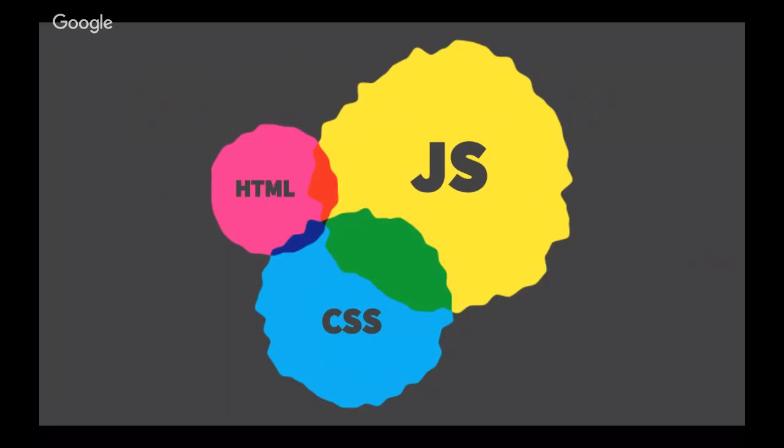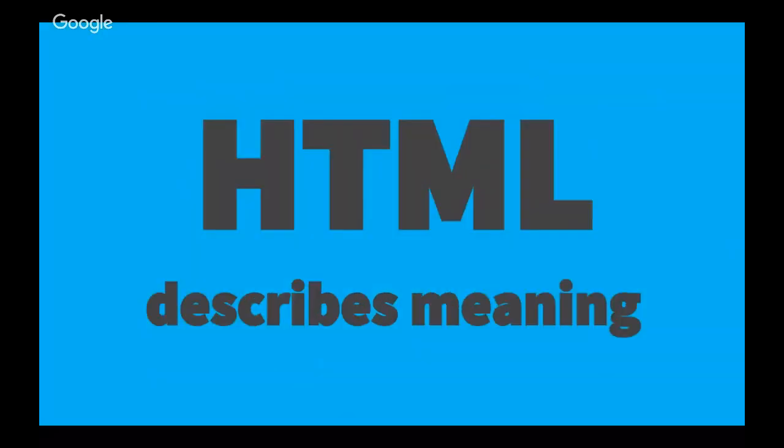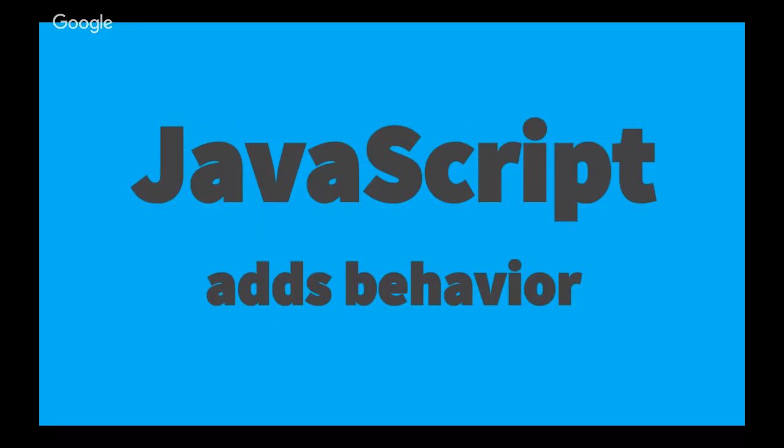So let's set a common understanding to talk about this a little bit more. HTML describes meaning. It describes meaning semantically. It's an ordered hierarchy of content, not an arbitrary stack of divs. I would say this is an idealized situation, but unfortunately, that's usually not true in the real world. JavaScript adds behavior. It does not create structure.